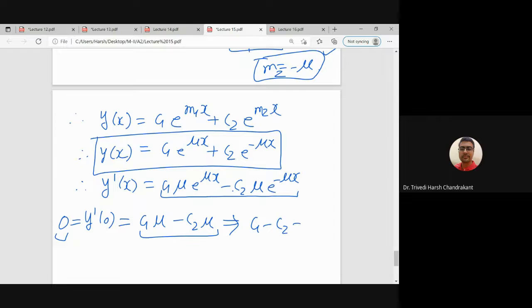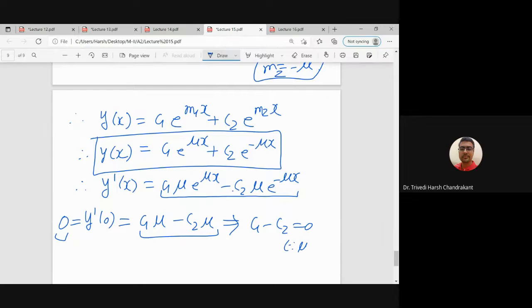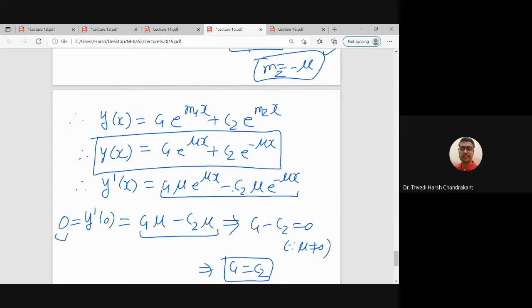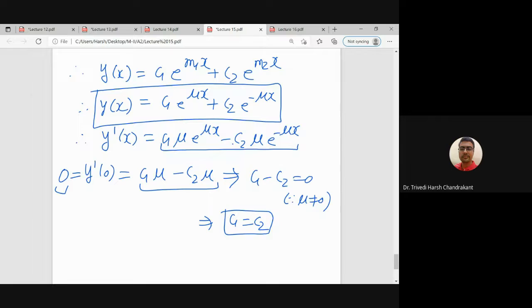We get c1 minus c2 is 0, and then c1 is equal to c2. So that is the first condition we are getting from the first boundary condition.